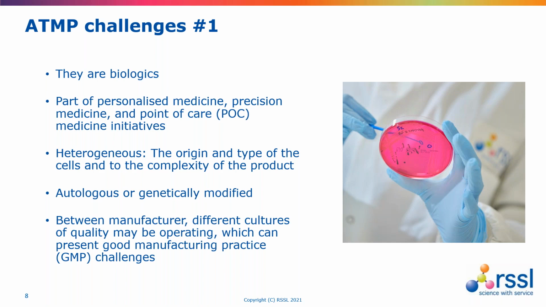So this is the philosophy where parts of pharmaceutical manufacturing is gravitating away from the centralized or generic manufacture to a model where medicines are brought closer to the point of care and are developed for individual patients or smaller groups of patients.